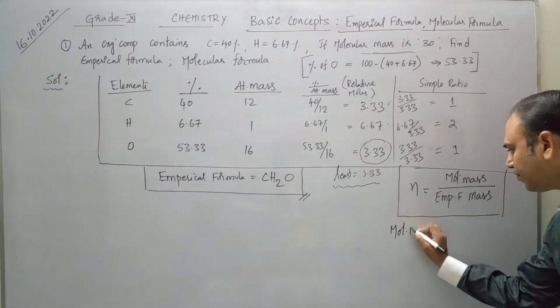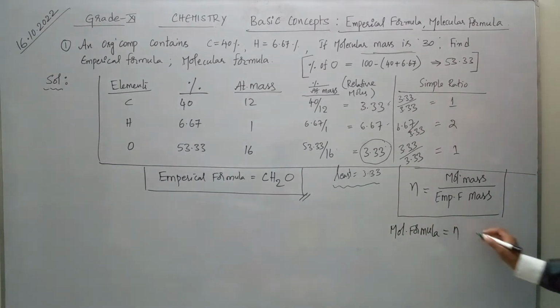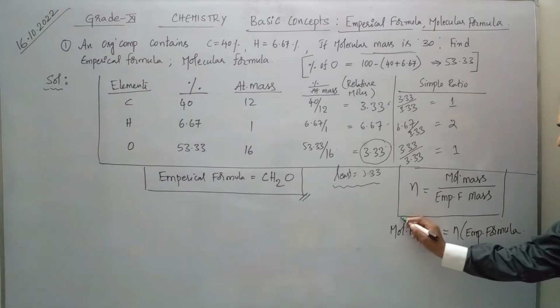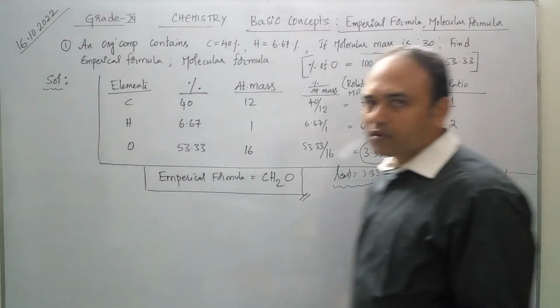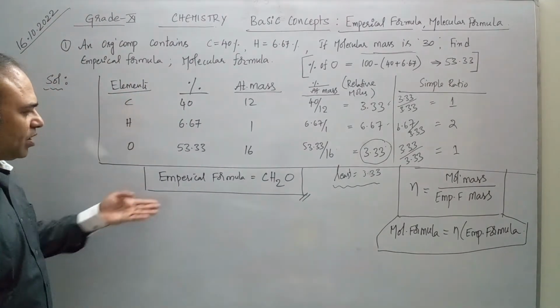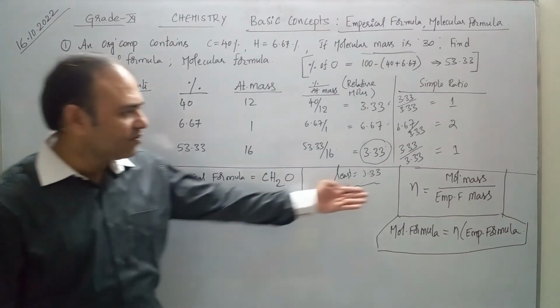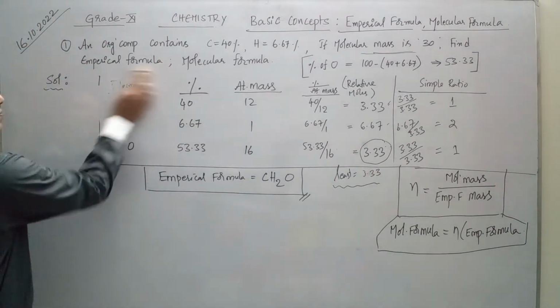So molecular formula is calculated as N into empirical formula. So this will be your final formula, what you should do to get the molecular formula. So hope you have understood up to this. So we got empirical formula and then we have the rest of the formula here. So let us calculate.